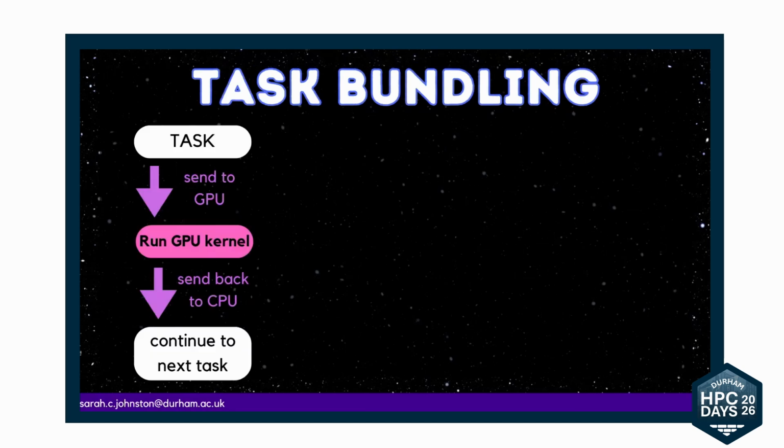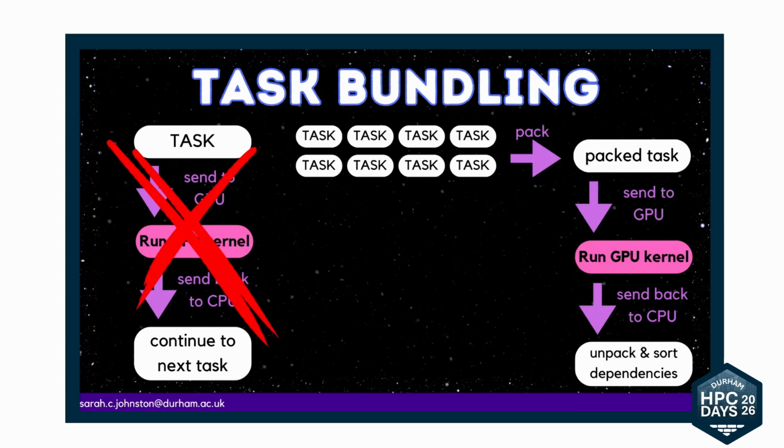In task bundling, you take one of the tasks in Swift, and rather than do what you normally do, which would just be to send that off to the GPU on its own and then take it back and update the values, we actually take a load of them and we pack all the data for the cells that are in those tasks into long contiguous arrays. Partially because this helps with our data transfer to have everything uniform, put in contiguously together, but also because it gives us lots and lots of data to transfer and then lots of data to do calculations on.